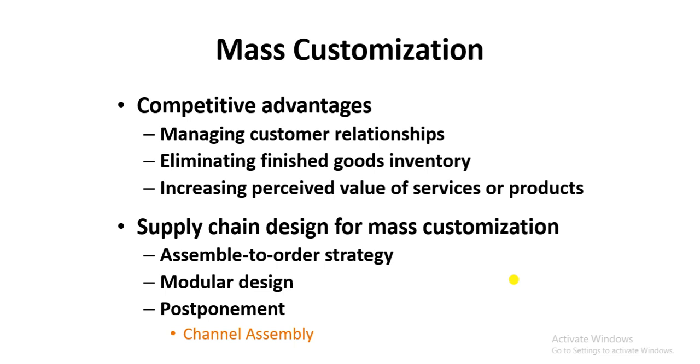So you will try to postpone the final stage of manufacturing the goods or services until you receive the customer order. And you can also choose channel assembly, which means that this final stage of assembly could be performed by the distribution channel or the warehouse in the distribution center.